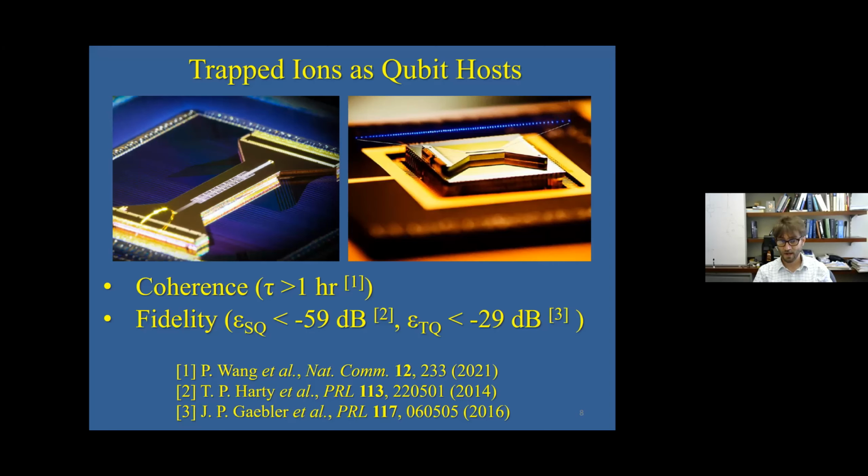And the coherence times for single qubits are now exceeding 1 hour in these systems. Now, not every single piece has been demonstrated at the same time in the same device with a bunch of other qubits. We're not there yet, but as existence proofs, this is the lay of the land.